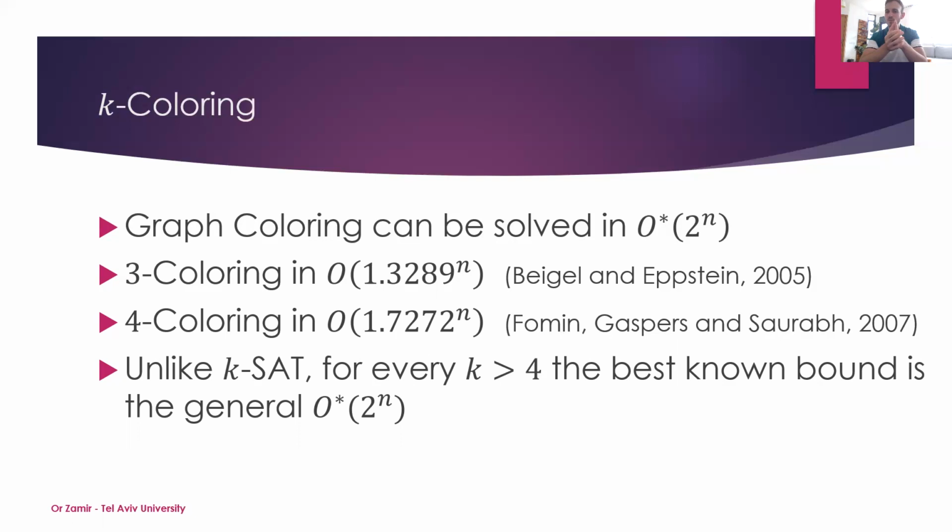And this leads to maybe the most interesting open problem in this field that we don't answer completely, but we go towards answering it, which is, should this be the case? Should there be some k in which we get stuck, or should we have some exponential improvement over the general 2 to the n for any constant fixed value of k?